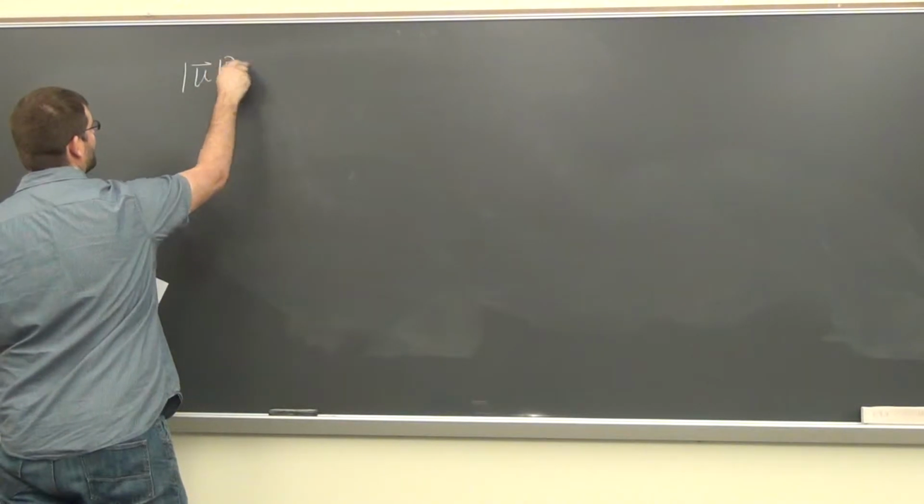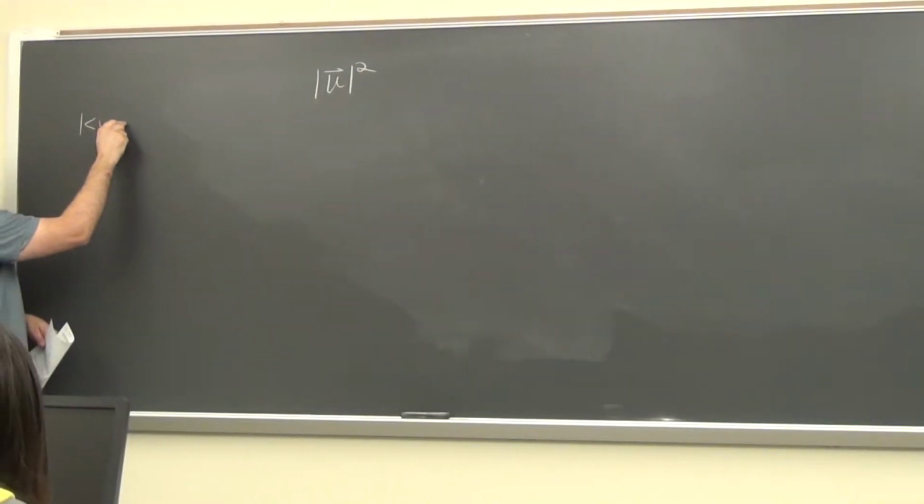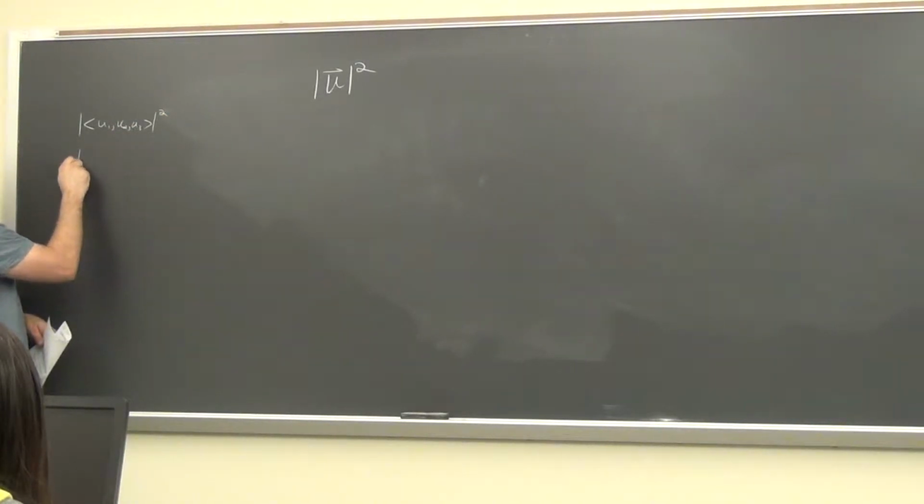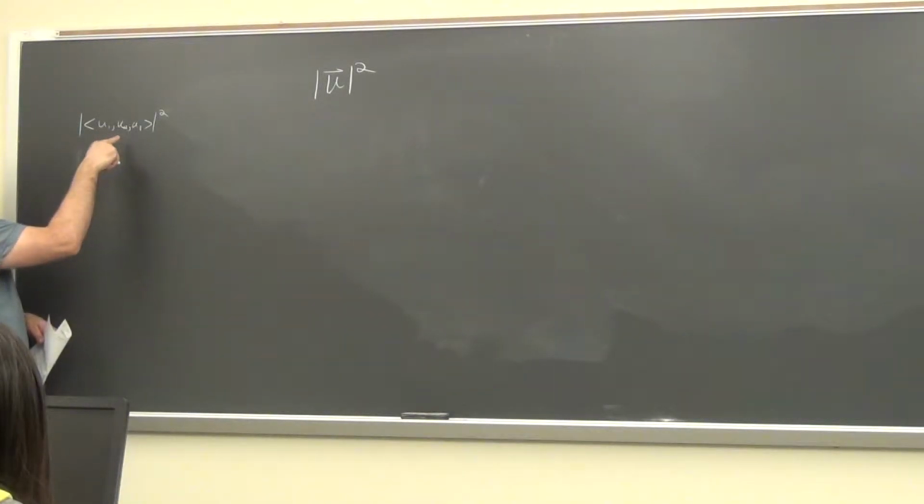Now if I have a vector and take its magnitude squared, off to the side, say I've got a vector u1, u2, u3. What's the magnitude of a vector? The u isn't necessarily a unit vector.